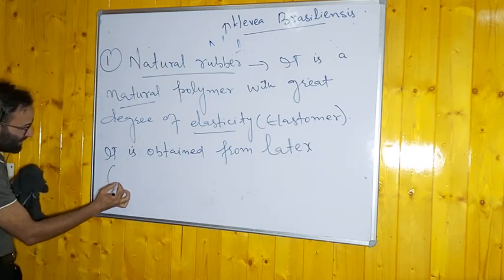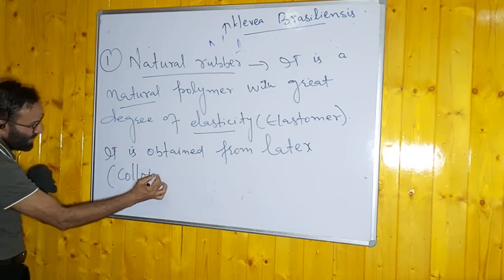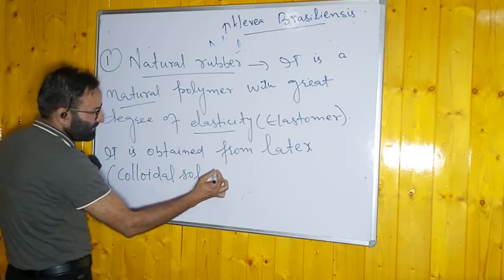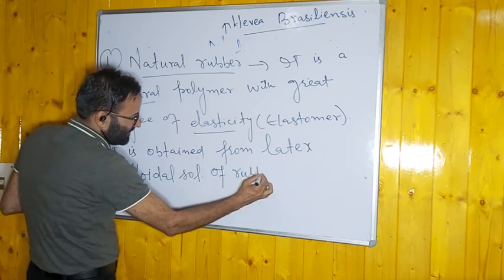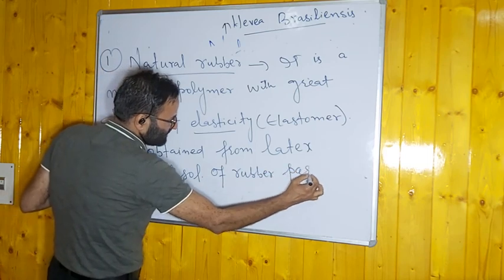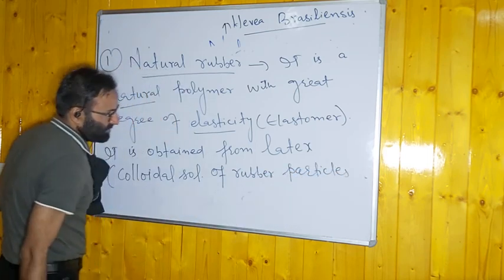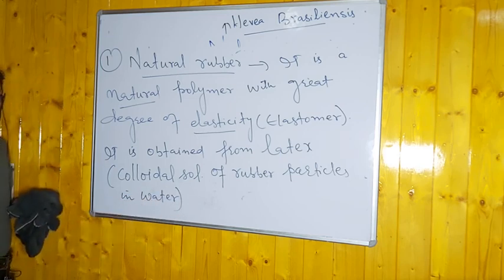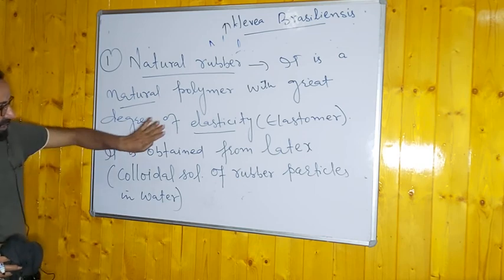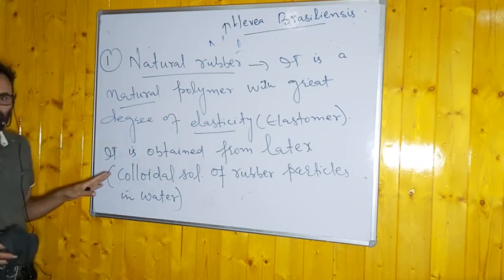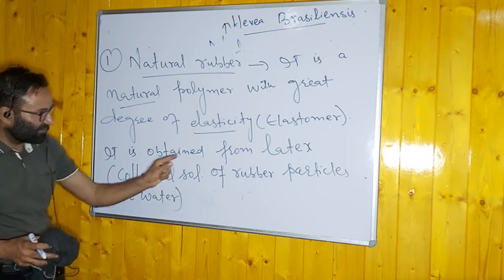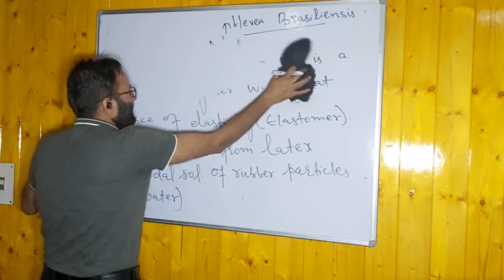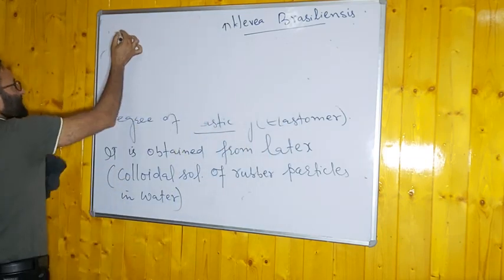Latex is a colloidal sol, meaning a mixture, of rubber particles in water. Remember this point: natural rubber is obtained from latex. What is latex? It is a mixture of rubber particles in water. First, I will tell you how you can get this latex. You actually have a rubber tree.